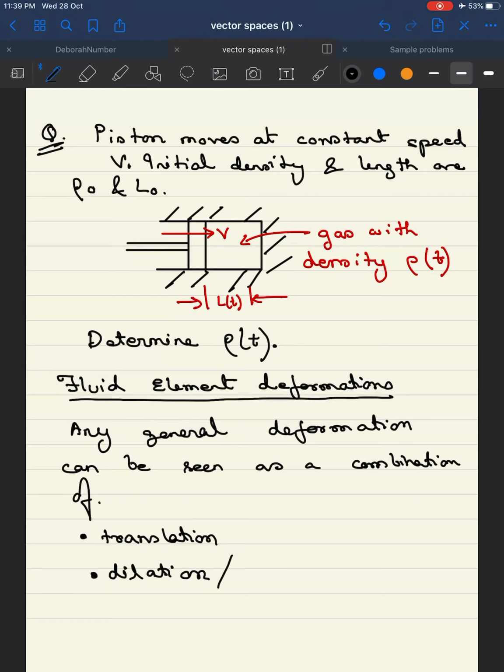Okay, so you will find this word also quite a lot, dilatation. Three is rotation. Yeah, the two words look quite similar. The other is rigid body rotation. And the final is angular deformation.